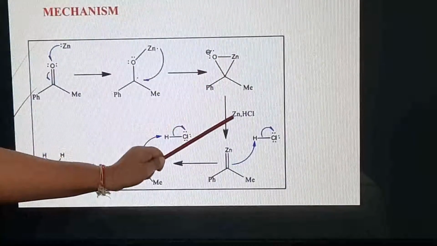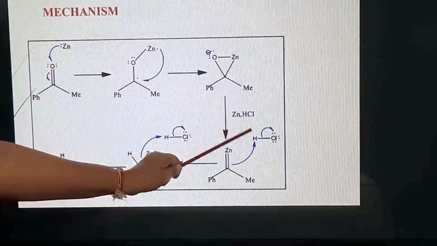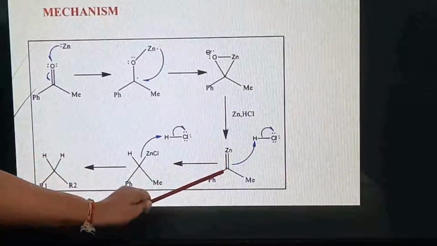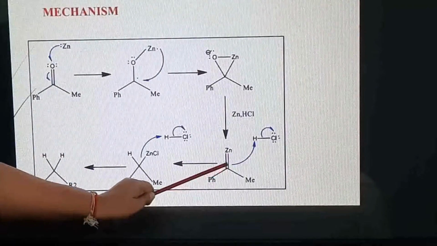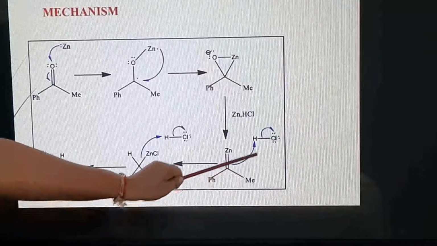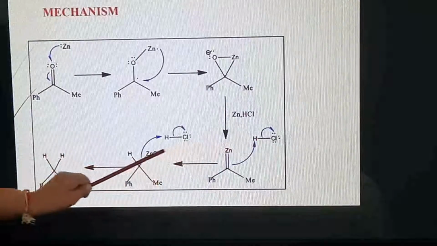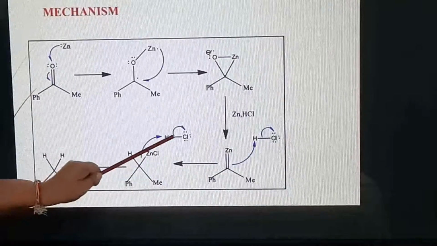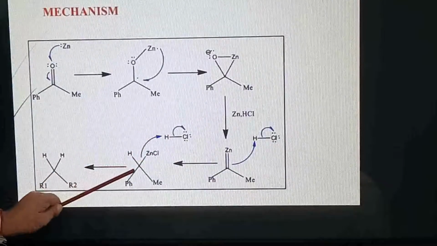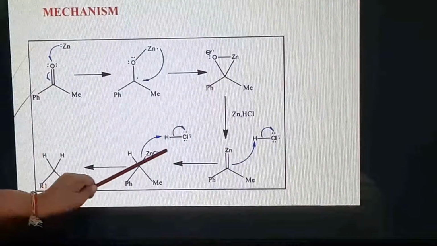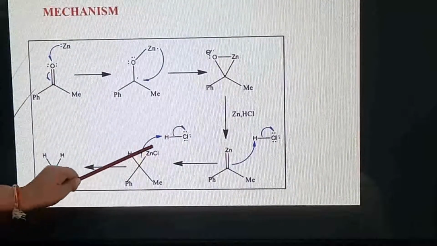In the presence of zinc and HCl, what happens? The double bond donates electrons to H, and Cl attaches to zinc. The hydrogen attacks this carbon, the Cl attacks the zinc, and zinc chloride forms.